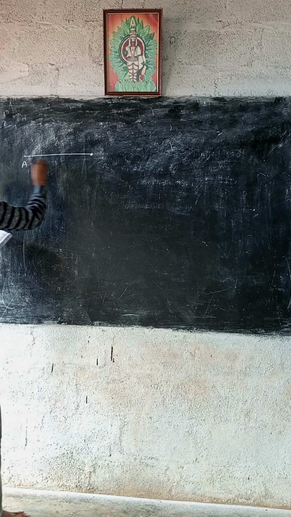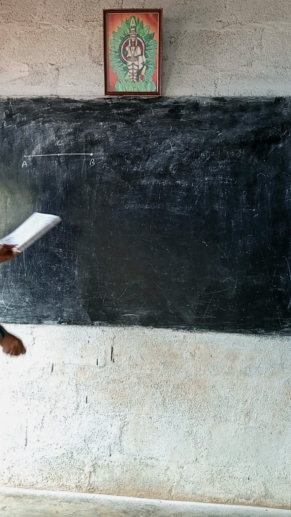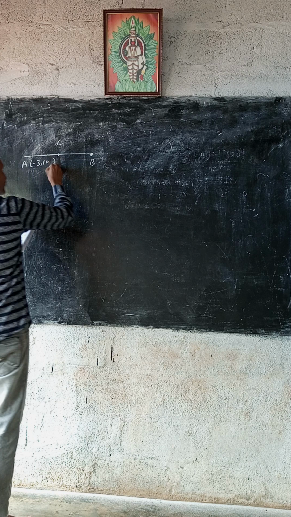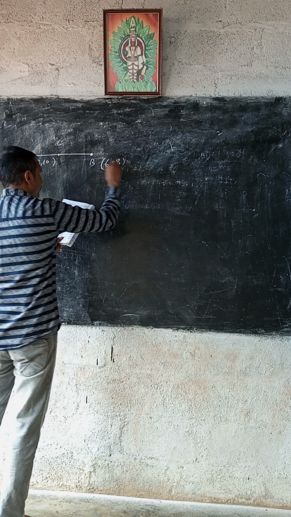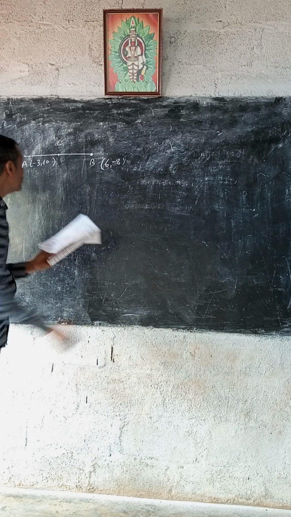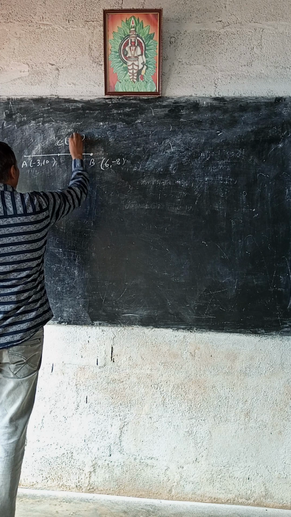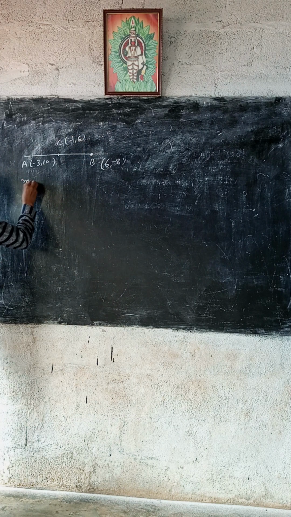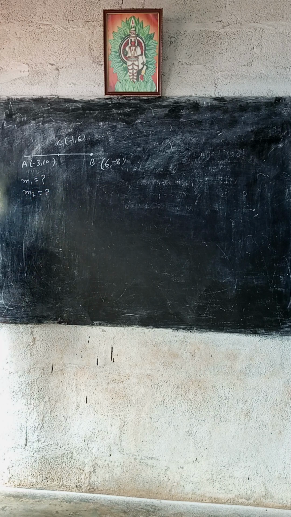Here is point A, here is point B, and here is another point C. This point A has coordinates minus 3, 10, and B has coordinates 6, minus 8, and it is divided by C, whose coordinates are given as minus 1, 6. Now we have to find m1 and m2.